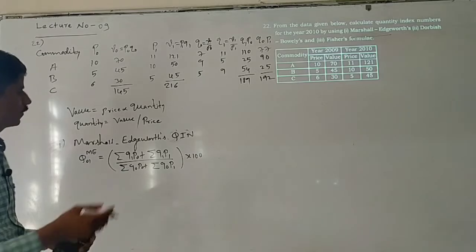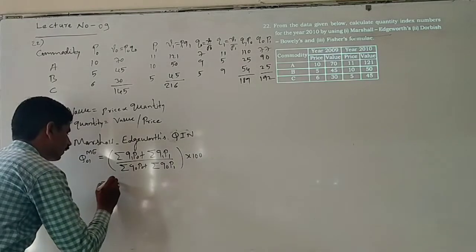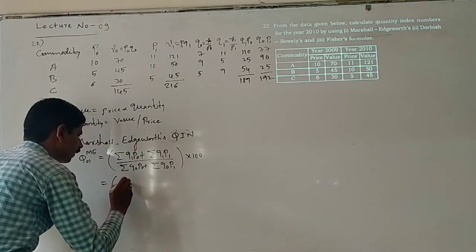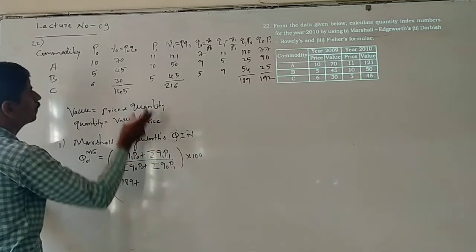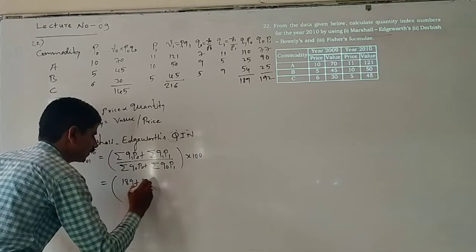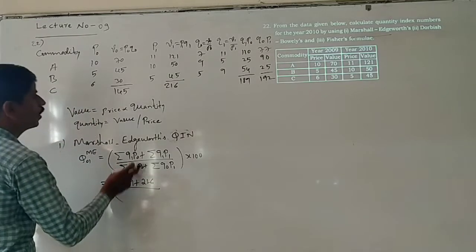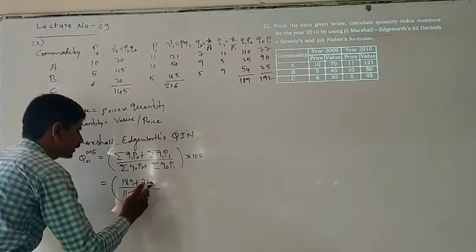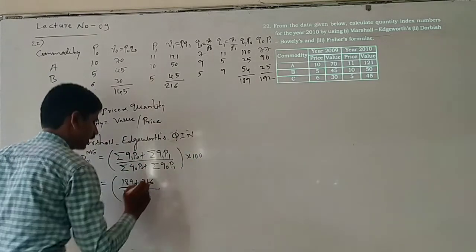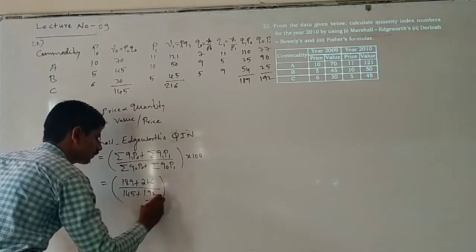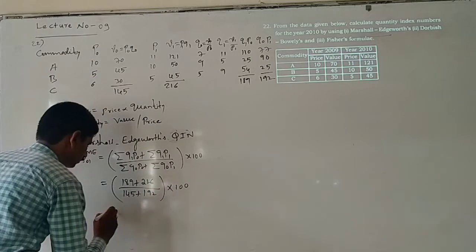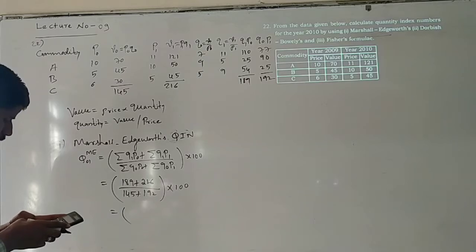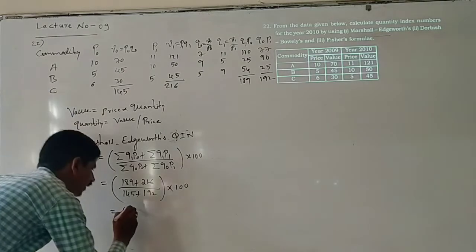We have to substitute the values. Sum of Q1 P0 is 189 plus sum of Q1 P1 is 216, divided by sum of Q0 P0 is 145 plus sum of Q0 P1 is 192, into 100. Simplify. 189 plus 216 is 405.